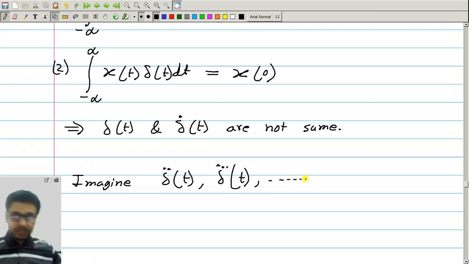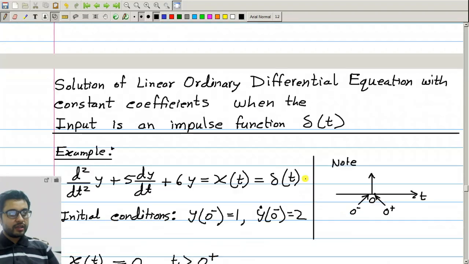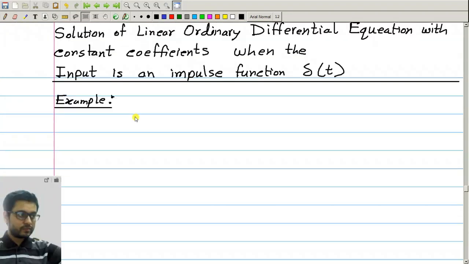Okay. Now we were studying linear differential equations, and today we shall learn how to solve such differential equations when the input is an impulse function delta t. Let us learn this with an example.